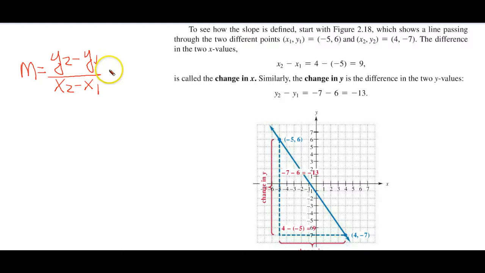And slope is often referred to as a ratio of y units to x units, which is a ratio of rise over run.